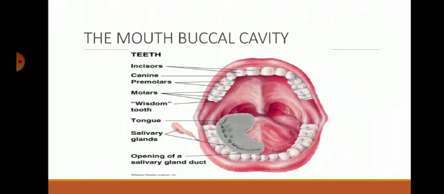The secretion of saliva is used for digesting the food. The teeth are used for grinding, chewing, tearing the food. Then the tongue mixes the food with saliva and swallows it into the food pipe.